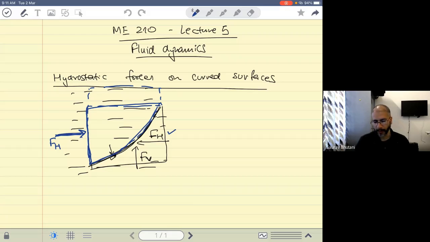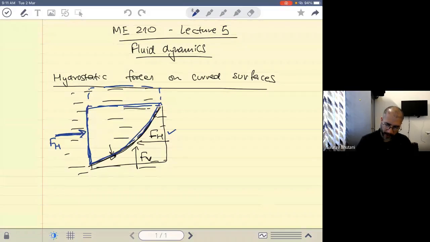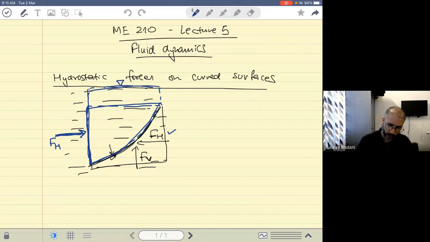All right, now FV. Now we know that on the top we have atmospheric pressure, so we can take this whole liquid now, sorry, this one.